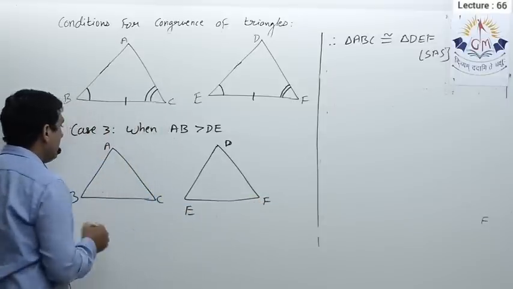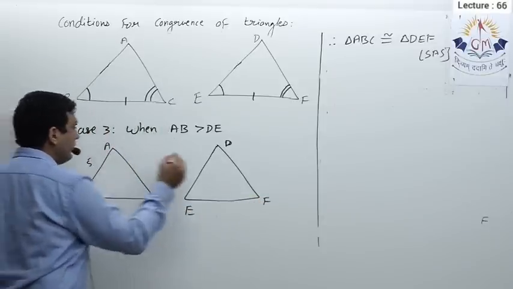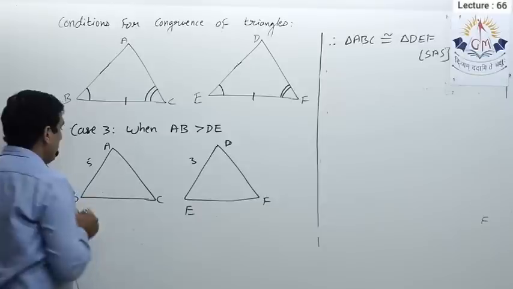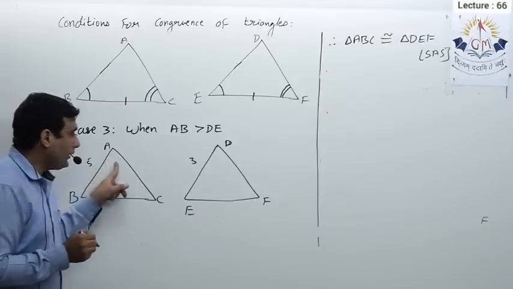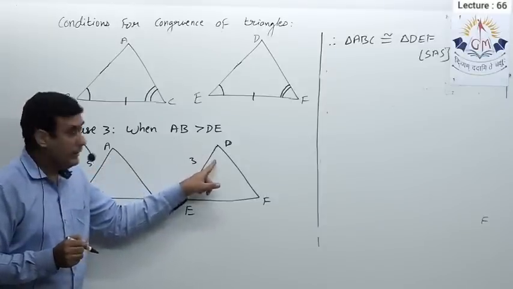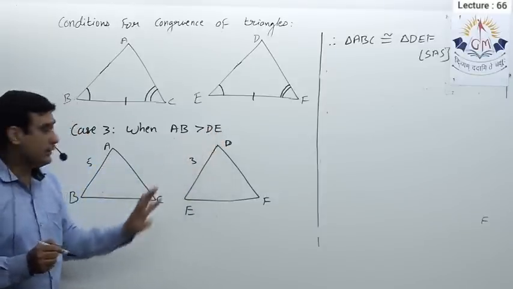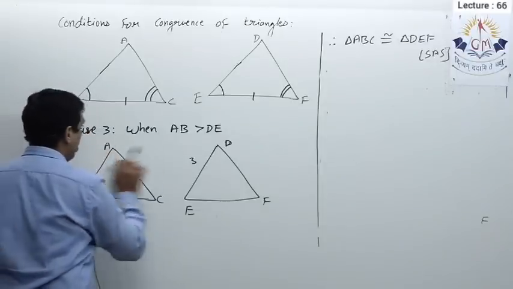Here AB is greater than DE. So again I can take a point over here, or I can extend this. Both things can be done. So better to take a point on this.